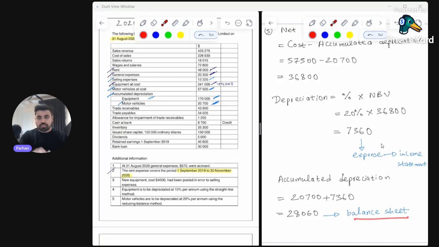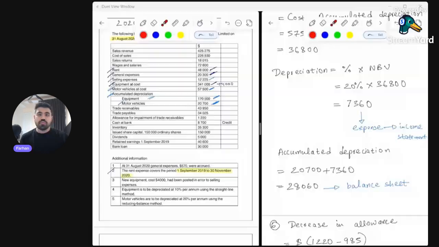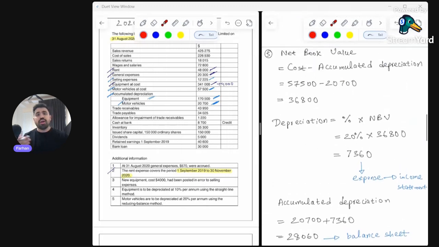Okay? All right. Now, before we move to additional information number 6, what do we understand by net book value? The net book value we know we can calculate as the difference between the cost and accumulated depreciation. But what does it really mean? The net book value stands for the economic benefits that are still available for consumption within this non-current asset, because we mainly purchase non-current assets for our business to help us generate more revenue.